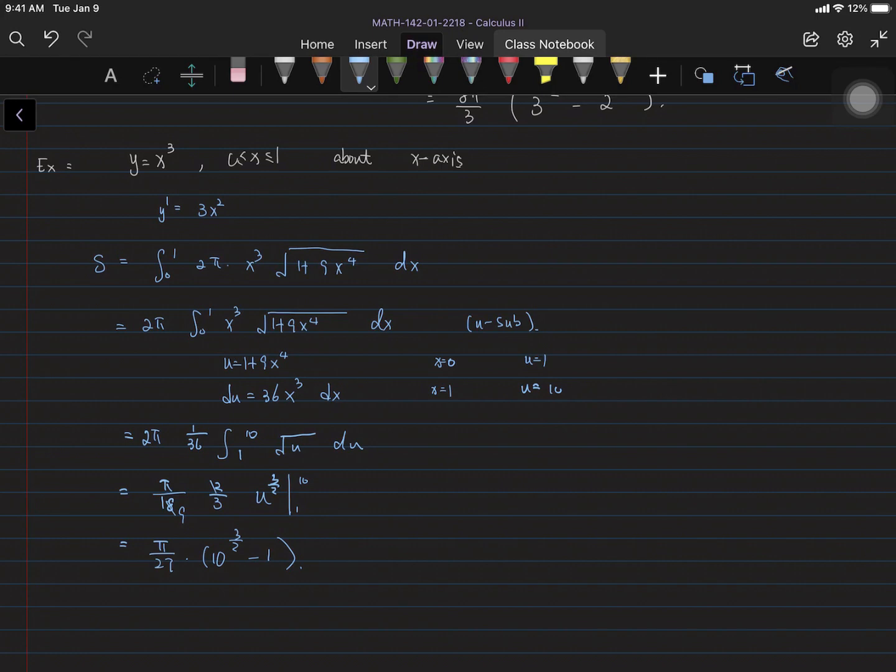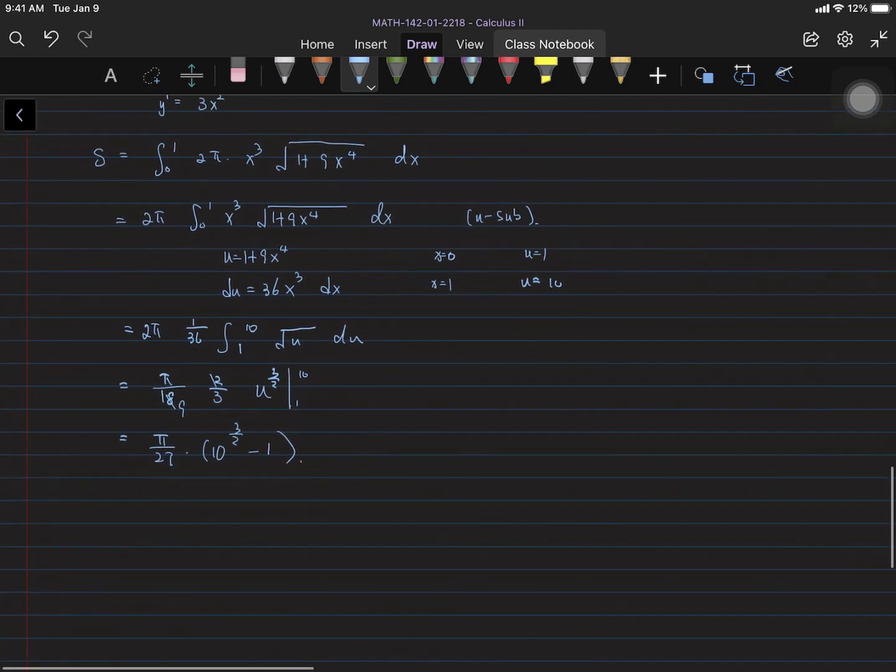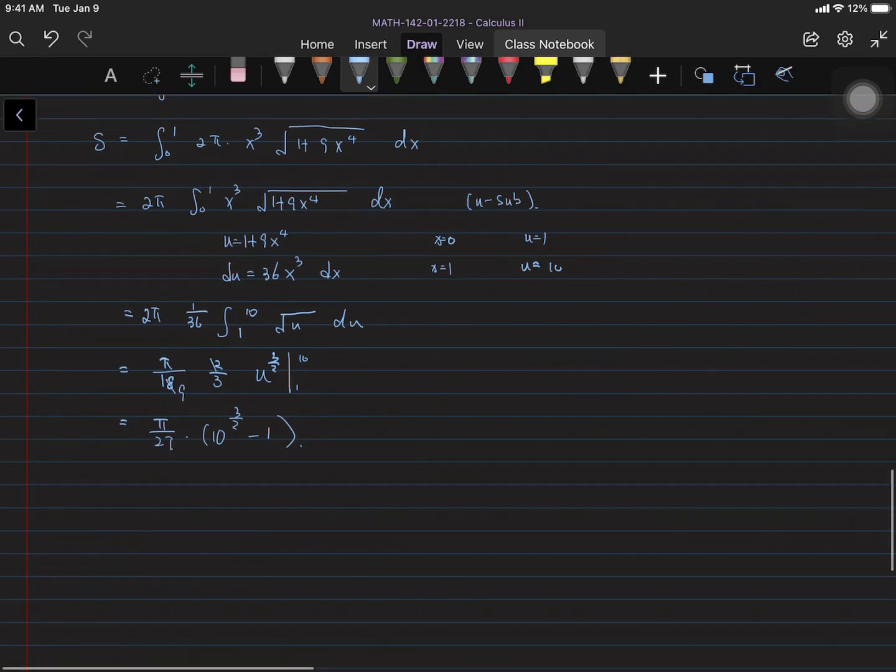So I did the u-sub, u equals 1 plus 9x to the fourth, and then changed the bounds and simplified. It's exactly the same as the example problem. After evaluating, the final answer is pi over 27 times (10 to the 3/2 minus 1). So this is the revolution about the x-axis. I'm going to do rotation about the y-axis on Monday. You can stop here for Friday's lecture.